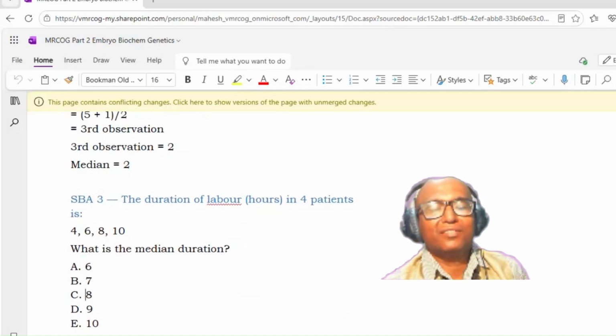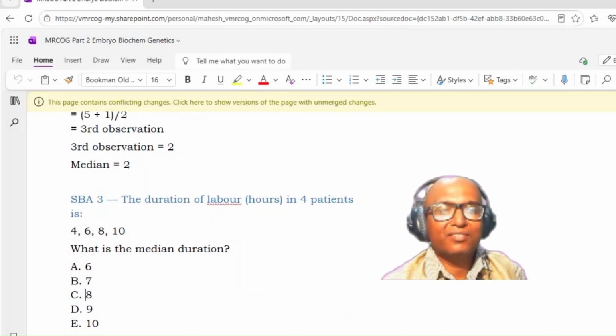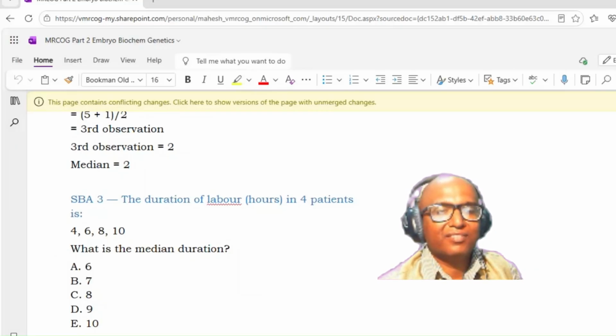Next. The duration of labor in hours in 4 patients is 4, 6, 8, and 10. What is the median duration?